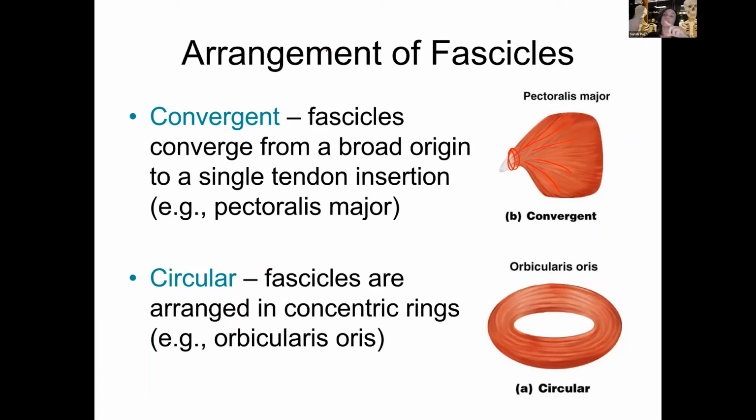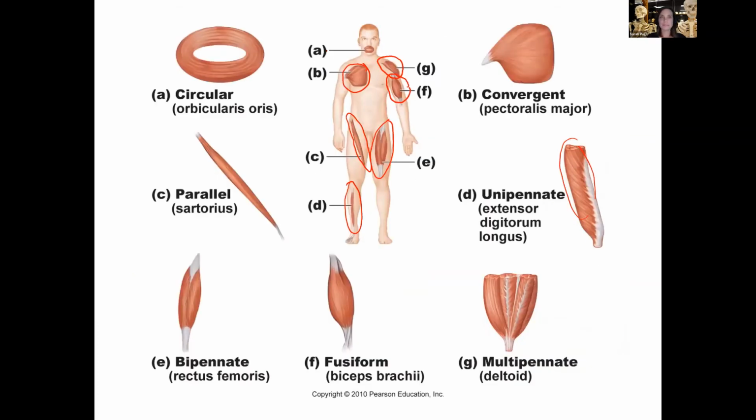You have a sphincter muscle at the end of the stomach, allowing food to slowly move into your small intestine for absorption of nutrients. You've got sphincter muscles in the anal canal, helping you to control defecation. You've got them also in the urinary tract, helping you control urination. So sphincter muscles are just round and they just allow openings and closings, okay? So they're showing you in this picture the orbicularis oris, the one around the mouth, your kissing muscle.